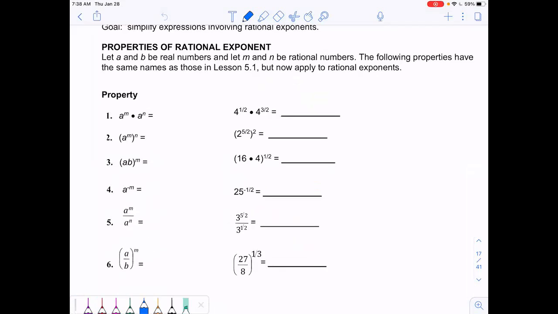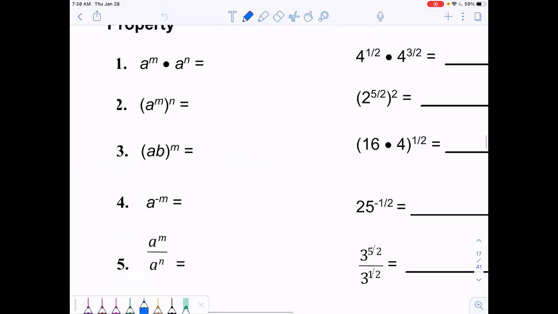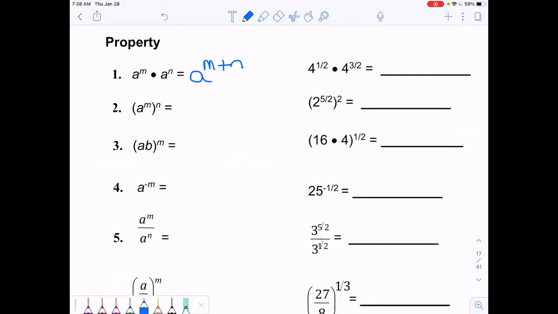So Grace, the first property says I have a to the m times a to the n. What do you do with the exponents to combine them together? Yeah, you add them. All right, well, let's look to see what we have in the example next to it. If we add those exponents together, we have a half plus 3 halves.